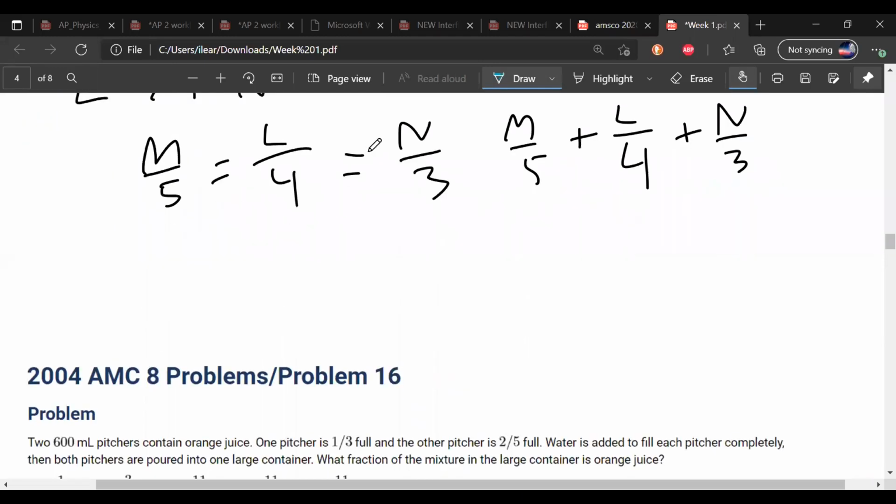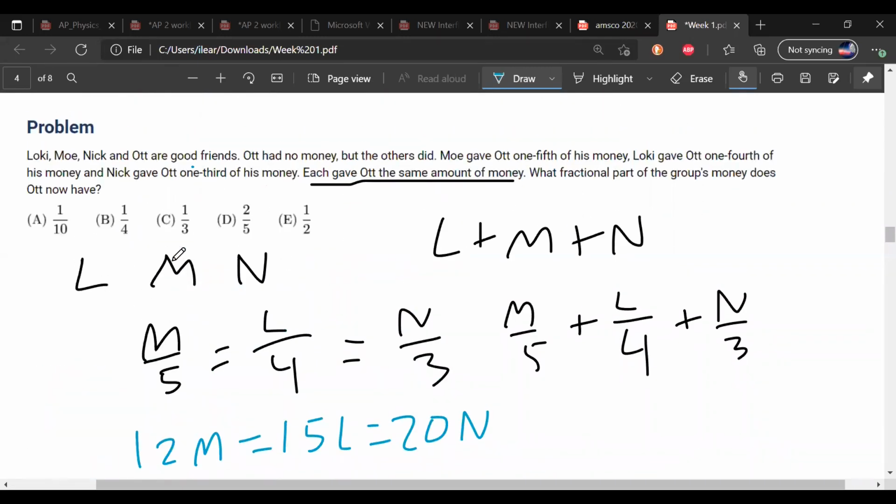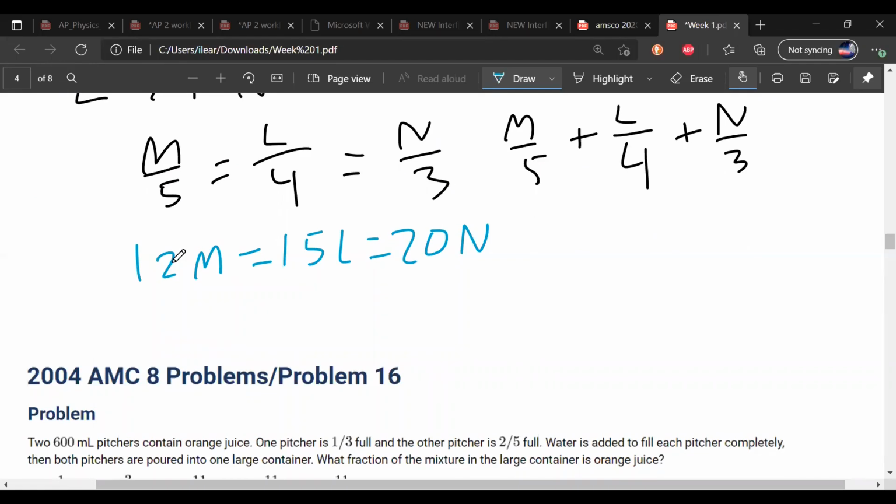All right, so M over 5 times 60 is equal to 12M, which is equal to 15L, which is equal to 20N. Basically this is a ratio between them.